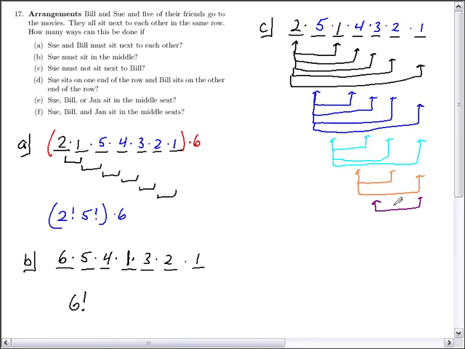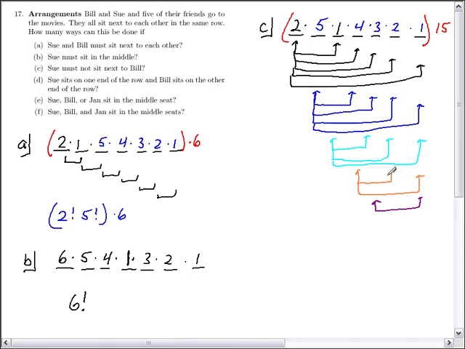Sometimes it's a little easier to redraw the blanks each time you move people over. But if you count through this, there's 1, 2, 3, 4, 5, 6, 7, 8, 9, 10, 11, 12, 13, 14, 15. So I need to take this answer and multiply by 15 in order to move everybody through the row.